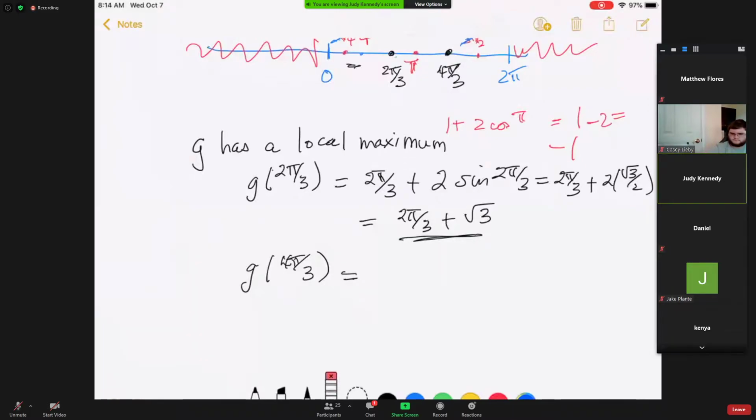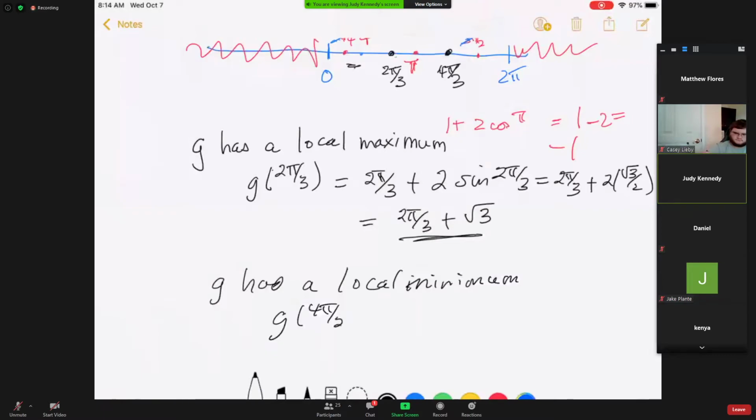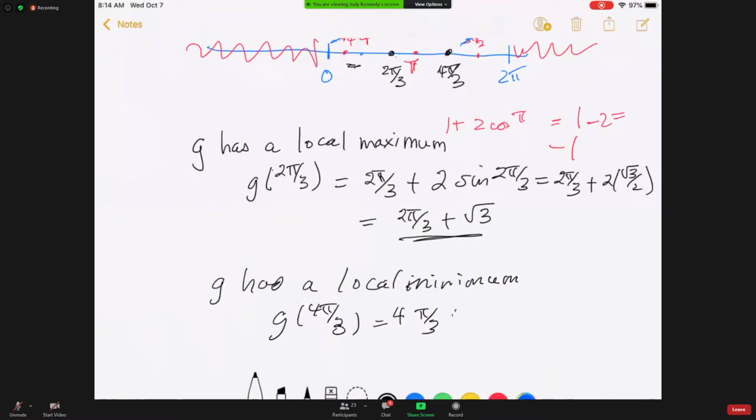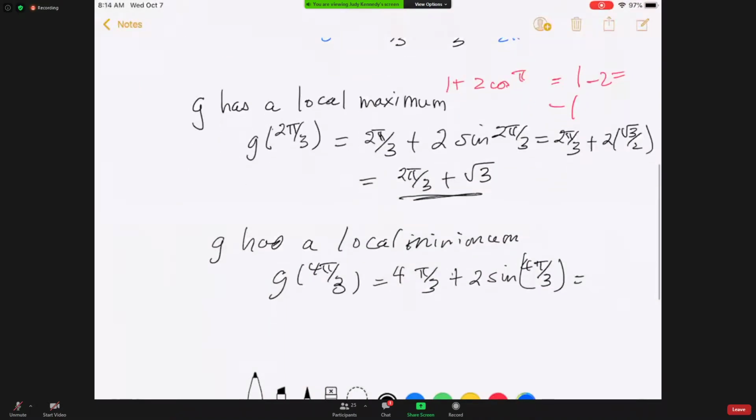G has a local minimum, G of 4 pi over 3, and that's equal to 4 pi over 3 plus 2 times the sine of 4 pi over 3. And sine of 4 pi over 3 is negative because it's in the third quadrant.